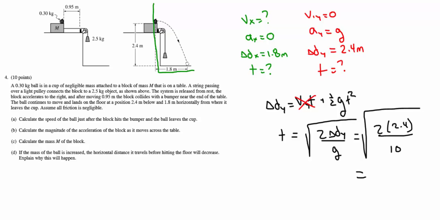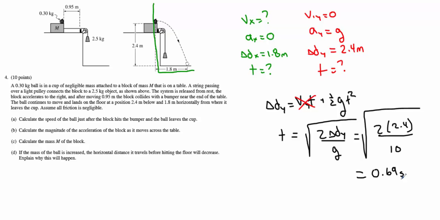And I'm going to go ahead and calculate this. Of 0.69 seconds. Some of you would have used 9.81 for that, and if you did, your time would be a little bit larger, probably 0.7 seconds.